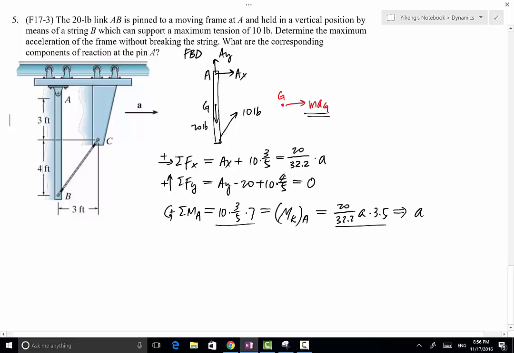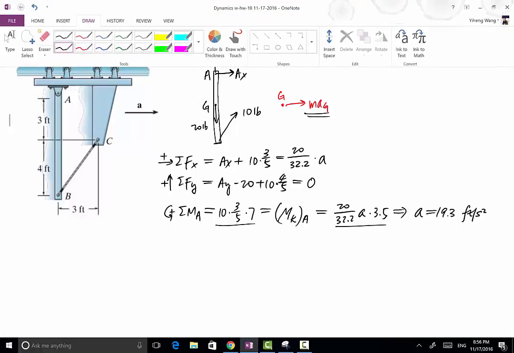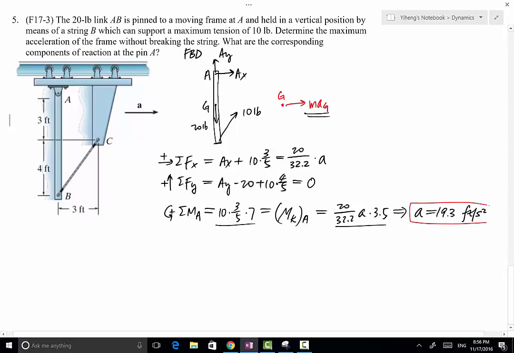From the third equation alone, we can solve for acceleration A. So this equals 19.3 in the unit of foot per second squared. So that is the largest acceleration that the frame can have without breaking the string, which is the same as saying the minimum acceleration needed to break the string.